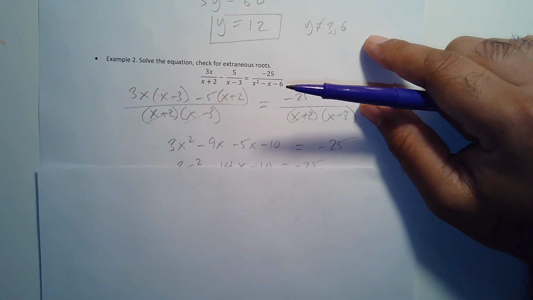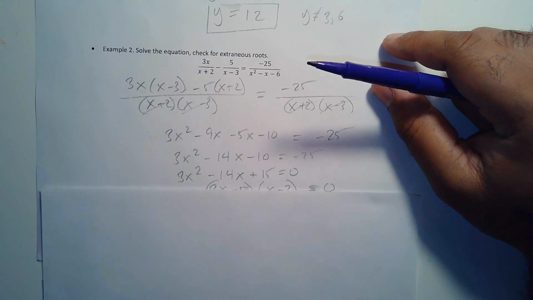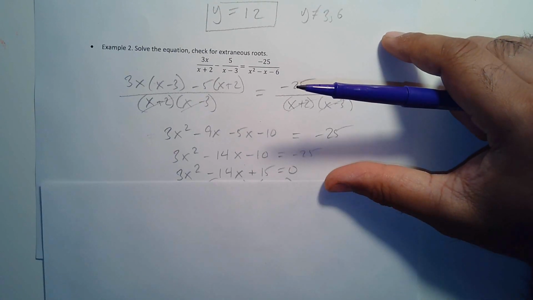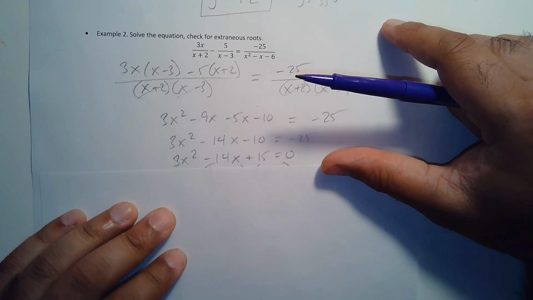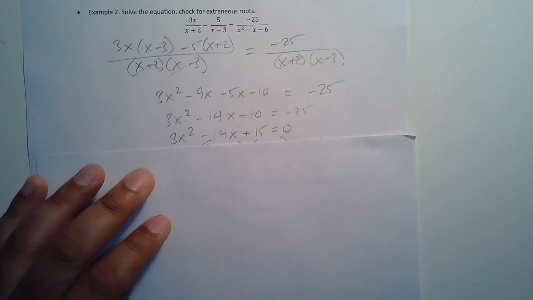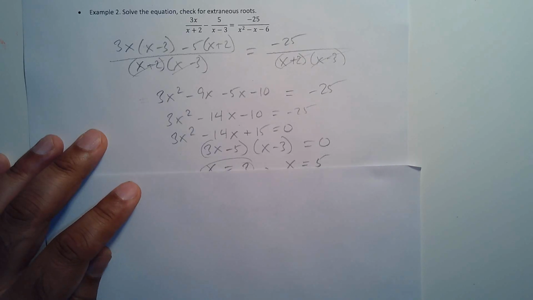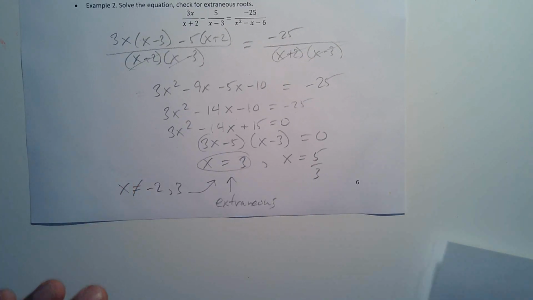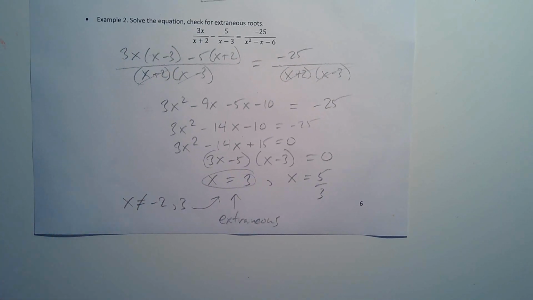We multiply that all out, and so we collect everything, and there's a quadratic equation, right? And so we factor that, and we get two answers. Okay? X equals 3 and x equals 5 over 3.